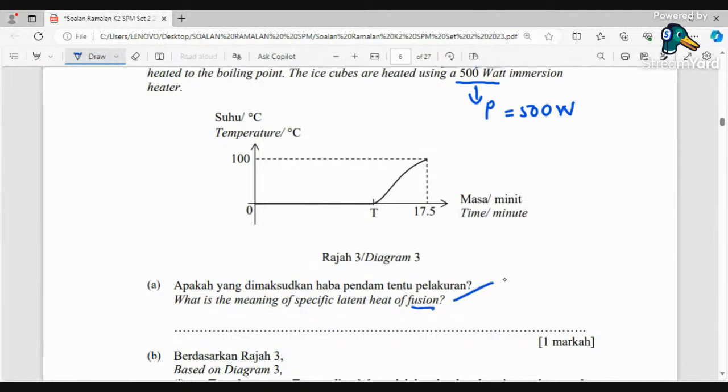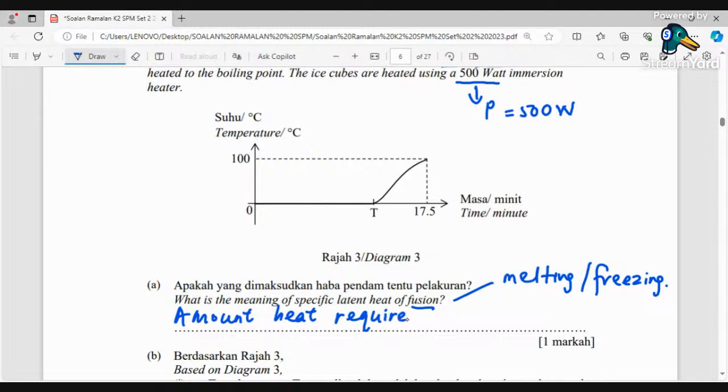Okay, graph. What is the meaning of specific latent heat of fusion? Fusion bila kita jumpa ialah melting atau freezing. Okay, so latent heat of fusion is amount of heat required to change, perkataan spesifik kena ada 1 kg, solid to liquid at constant temperature.